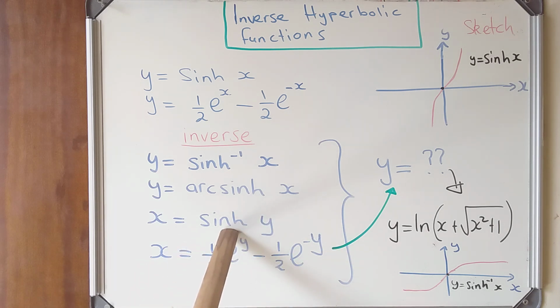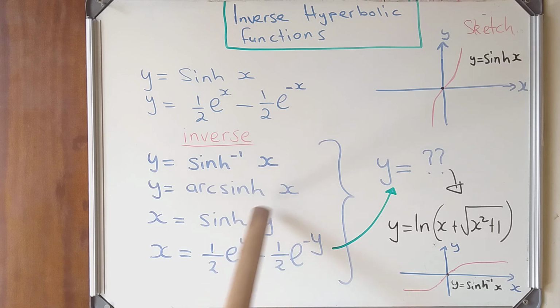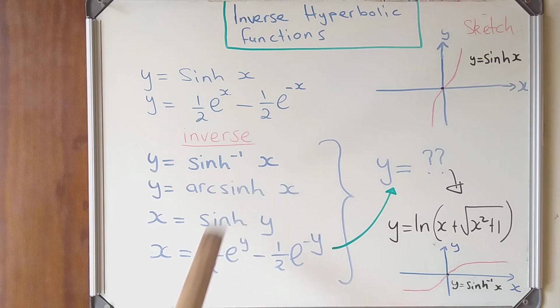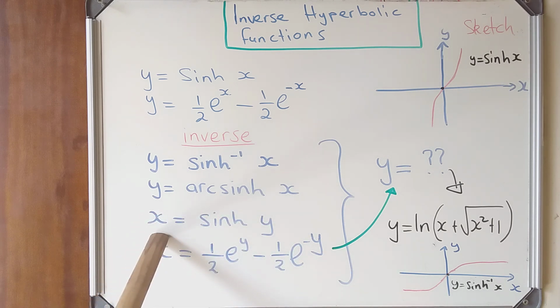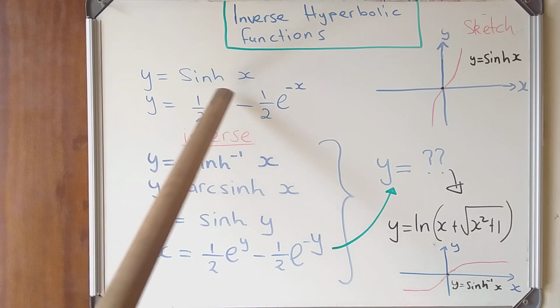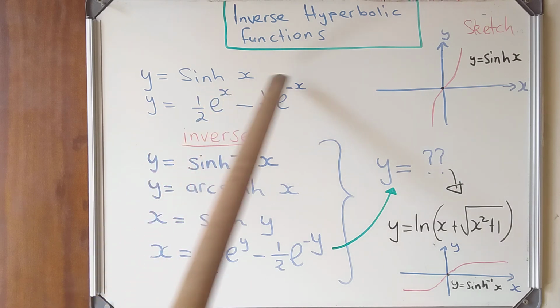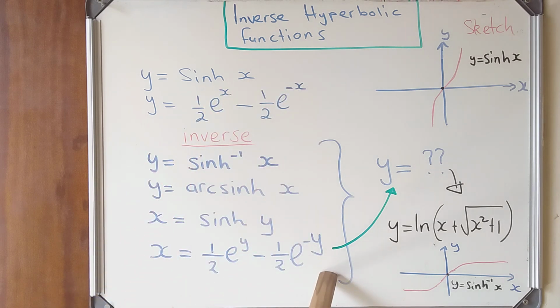According to the rules of sinh, it means half e to the power y. Where there was x, now we are putting y, because you rearrange x and y when you are talking of inverses. And then it will be half e, everything remains the same, but you just replace with the y.